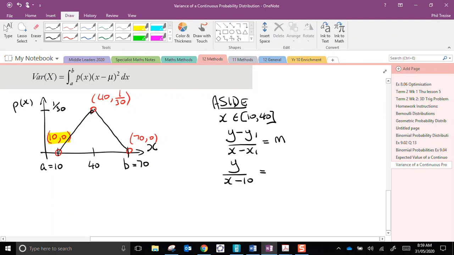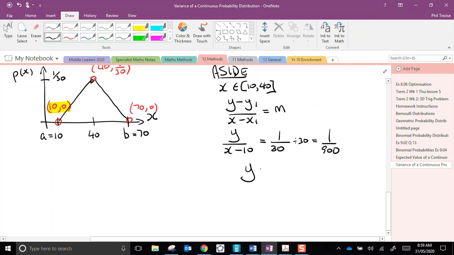Now what's the gradient? Well, the gradient is the rise over the run. The rise is 1 over 30, take 0, so that's 1 over 30, divided by the difference between the x's. The difference between these is 30, so it's 1 over 30 divided by 30, and that's 1 over 900.